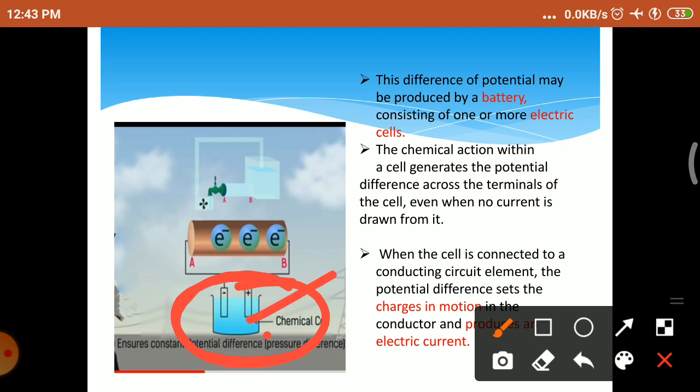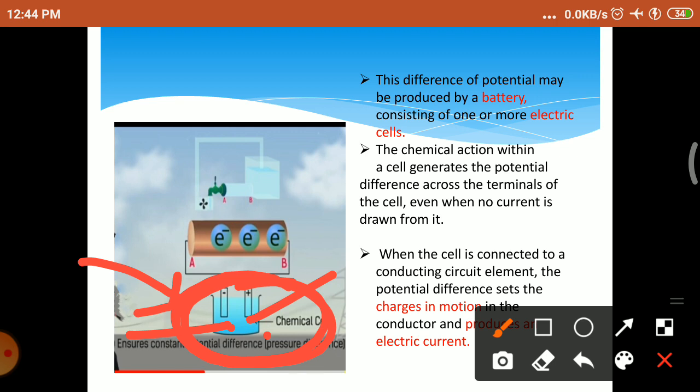This is a positive terminal and negative terminal. But it does not draw any current from the outside. Within the cell, it creates a potential difference. Due to the chemical reaction, it creates some potential difference between point A and point B. That means the terminal A is positive and the other terminal is negative.